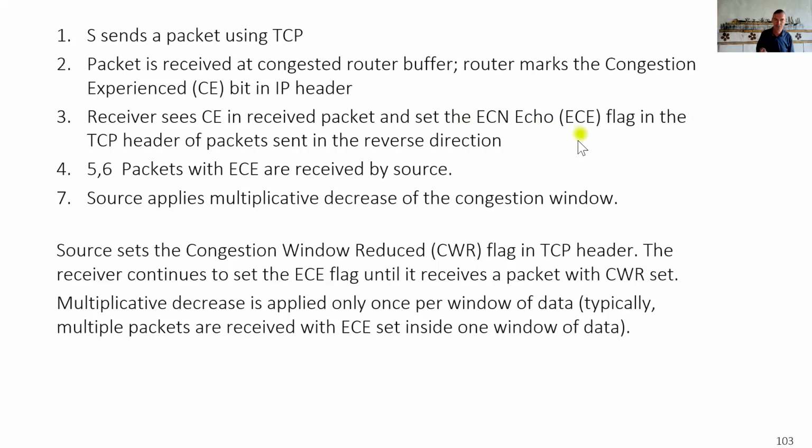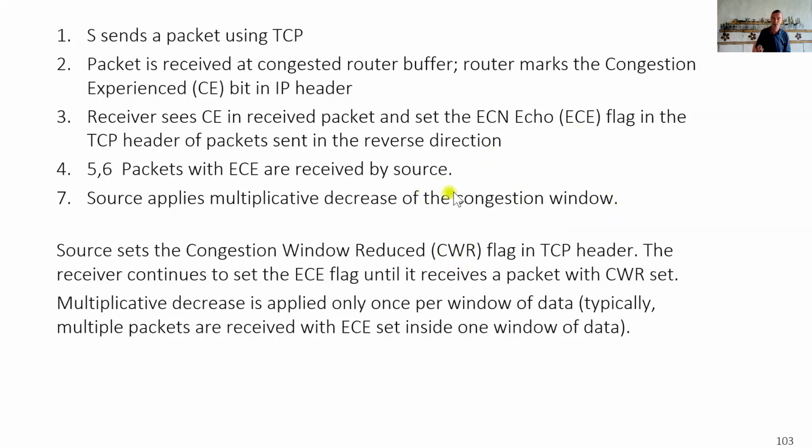In the TCP header, we will have an echo, which is called ECN echo, which, as the name duly indicates, is simply echoing the fact that a packet was marked as congested. Now, the echo is repeated until the source indicates that it has reduced the window. So there is another bit that you need to set to indicate that you reduced the window.